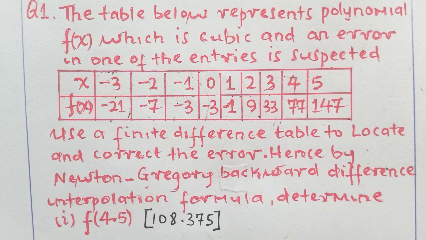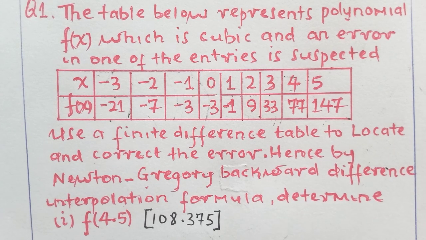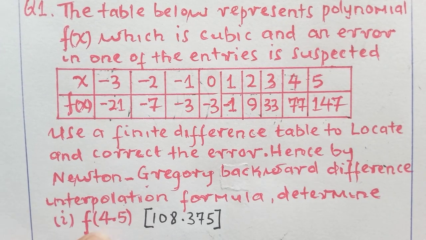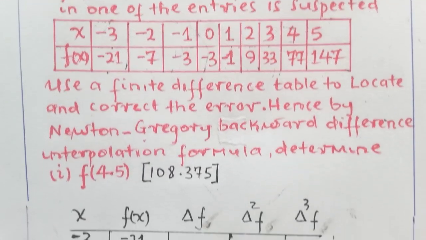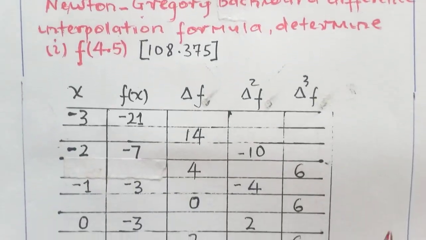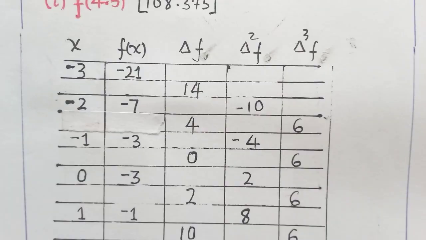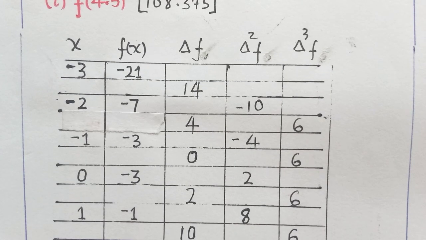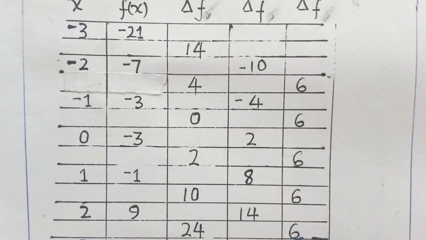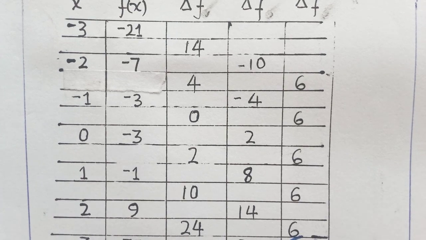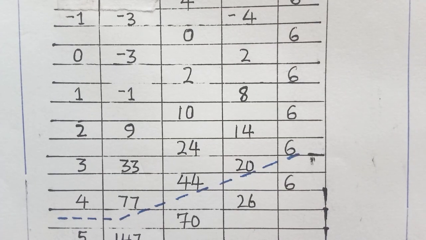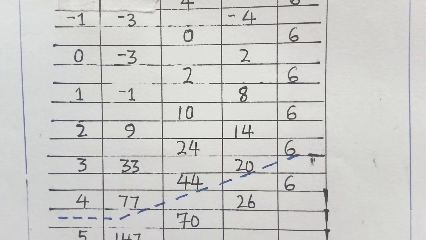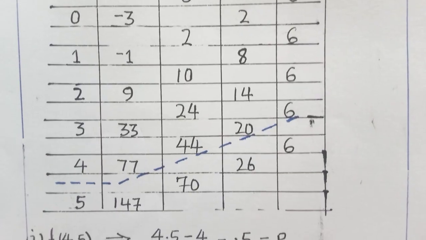So what we are going to do is that we are going to now find F4.5. Of course, the answer is given there. So I have drawn the finite difference table with the error already corrected. And the question says f4.5.